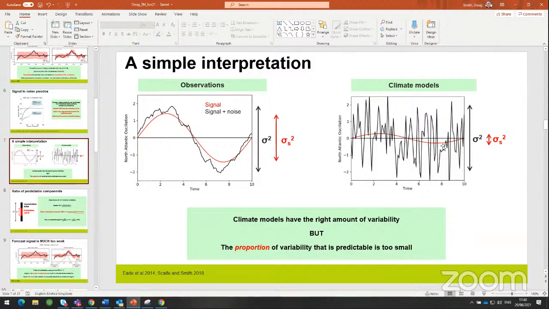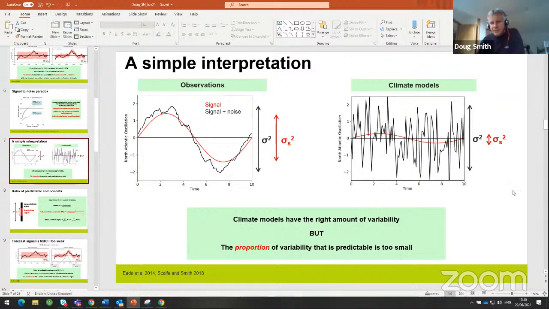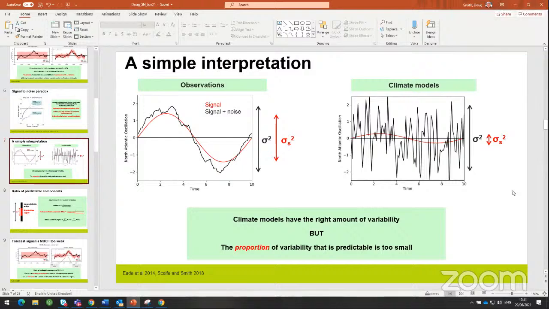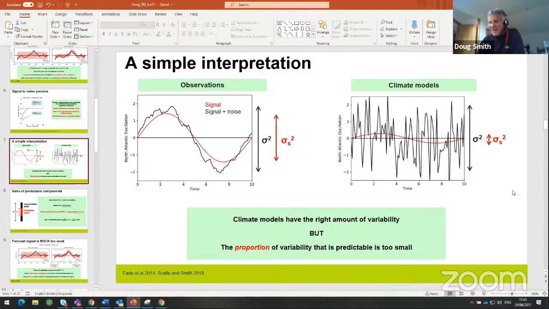But do you think there really is a separation in time scale of the unpredictable and the predictable parts, or not? Well, there could be. That might be an interesting thing to try, perhaps. Yeah, I think it would be. I mean, it is just a schematic, but yeah.